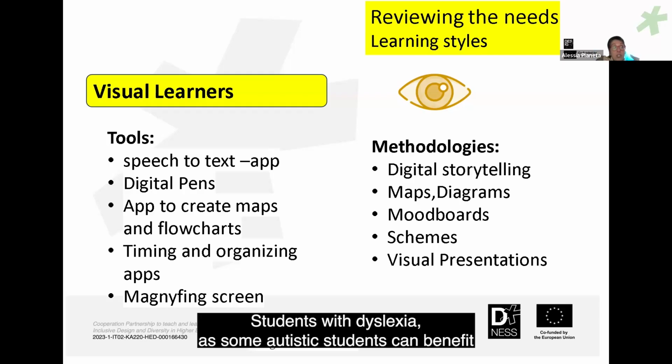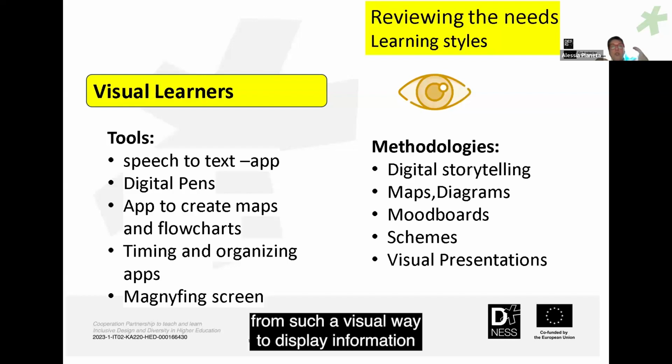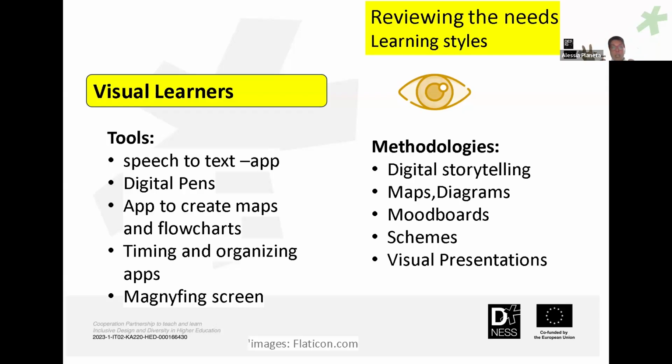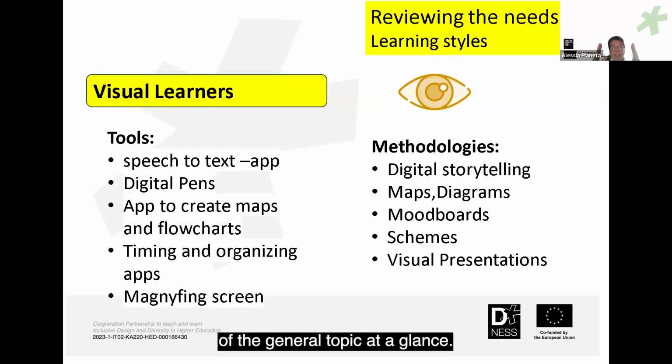Students with dyslexia, as some autistic students, can benefit from such a visual way to display information, as well as students from other countries who do not speak our languages well and have a clear picture of the general topic at a glance. What are the tools?